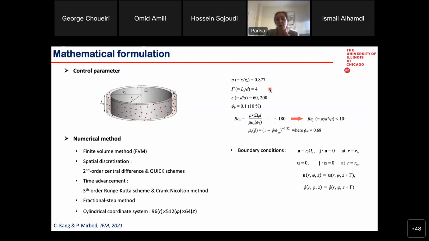Specifically, to compare our results with the experiment, we ran our cases for the exact scenario that happened in the experiment. So for example, we consider the radius ratio 0.877, the length ratio 4, and we also considered two different particle size ratios of 60 and 200.